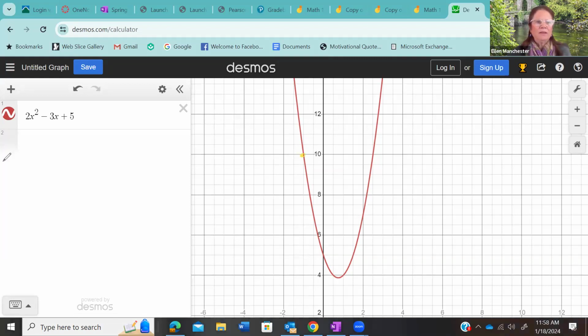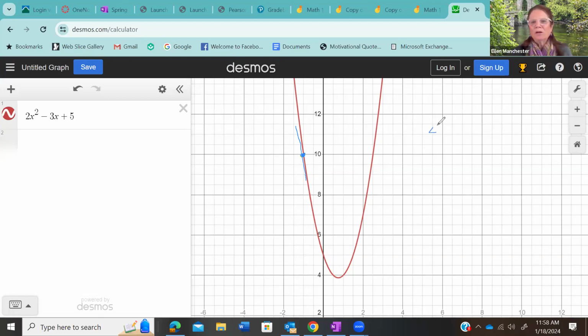I want to find the slope right there, at that particular point. So what we're getting into is the calculus. The calculus says the derivative is the instantaneous rate of change.